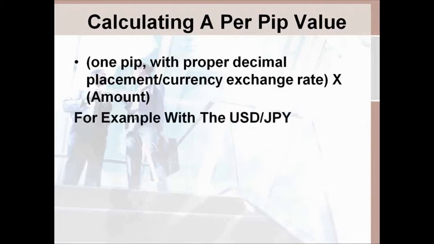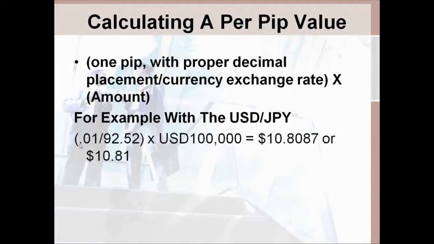And to just give you an example of how to use this formula, with the US dollar Japanese yen, we would take the per pip value with proper decimal placement. So with a Japanese yen pair, it's 0.01. With any other currency pair, it would be 0.0001. In this case, it's 0.01 divided by the exchange rate, 92.52, and then multiplied by the amount we're trading.